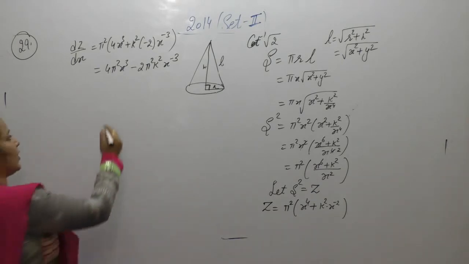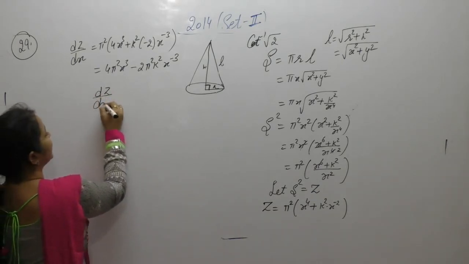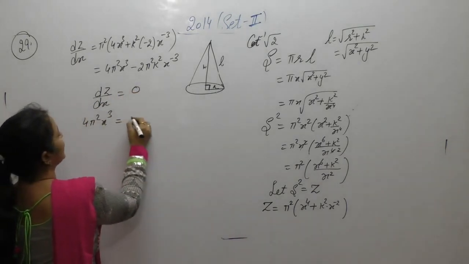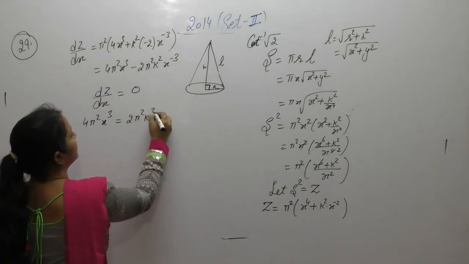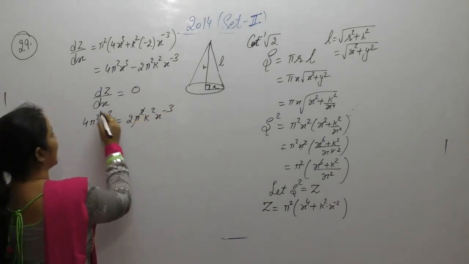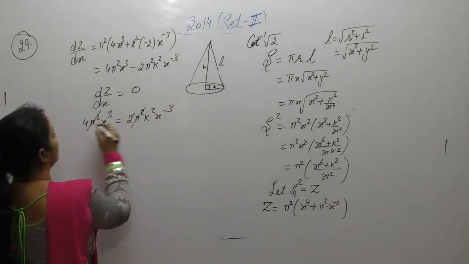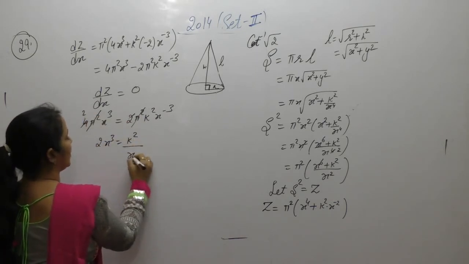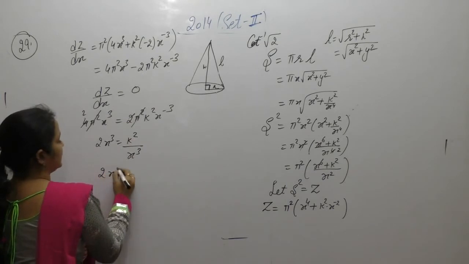Now to find the critical points, we put the first derivative equal to 0. So 4 pi square x cube equals 2 pi square k square x power minus 3. Pi square will get cancelled, so 2x cube equals k square upon x cube.